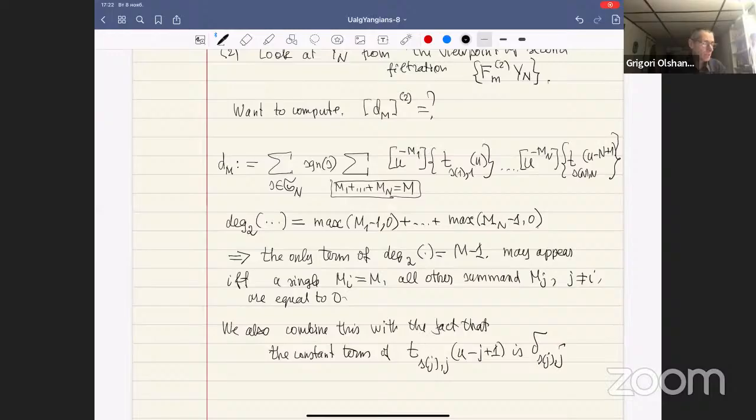And this means that in order to obtain some non-zero term, we need this Kronecker delta to be equal to 1.